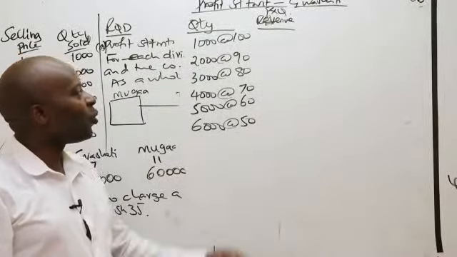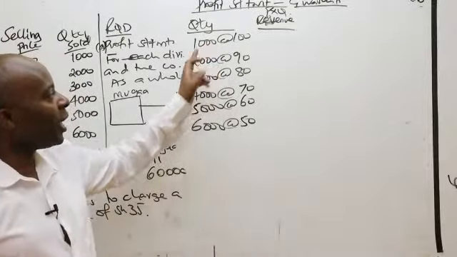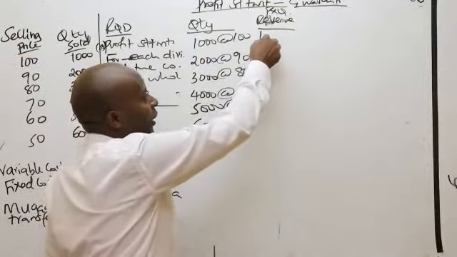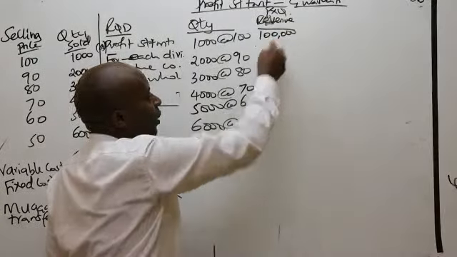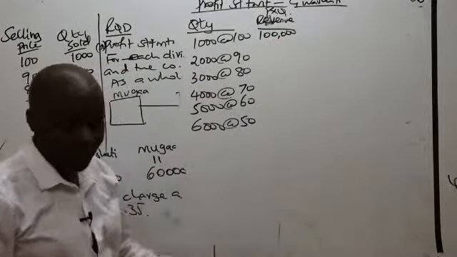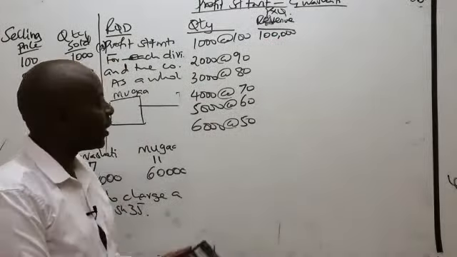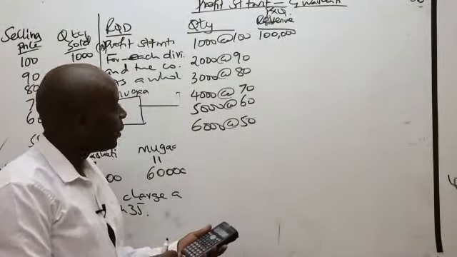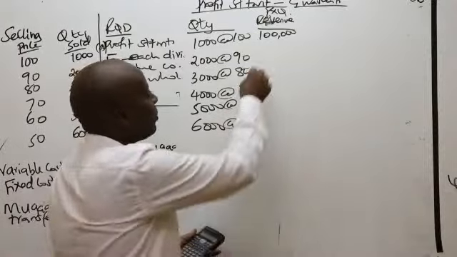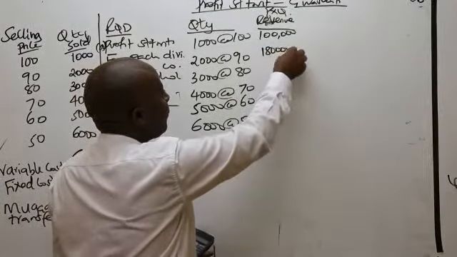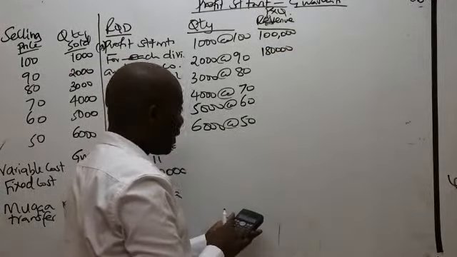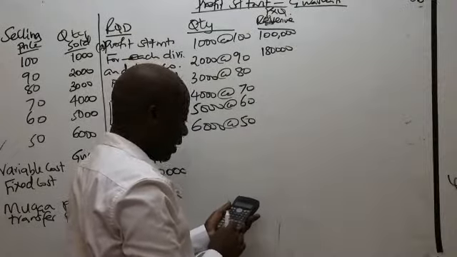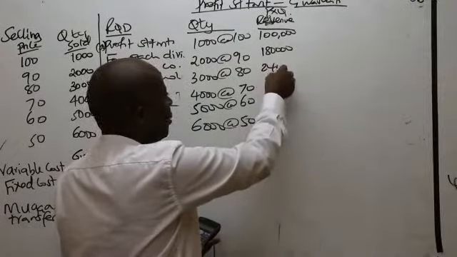So price times quantity: 100 times 1,000 gives me 100,000. Then we have 2,000 times 90. It's always good to rely on our calculators. However easy it may look, I always like my calculator. This gives me 180,000. Then 3,000 times 80 gives us 240,000.